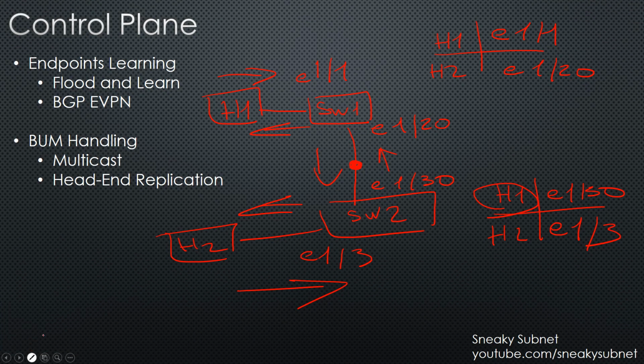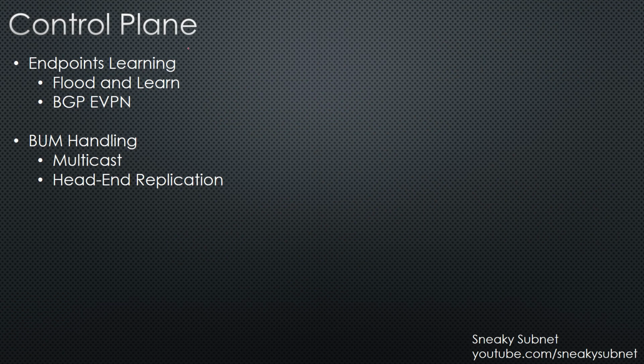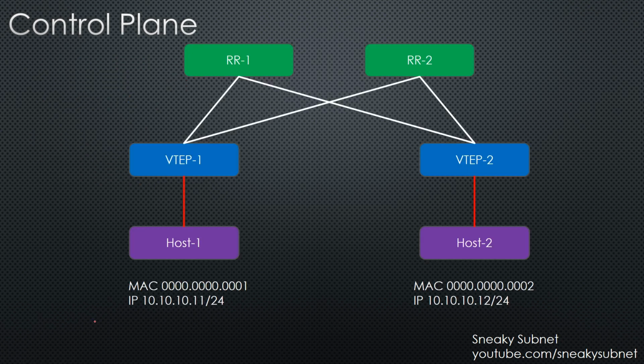So what happens with VxLAN? We also have a similar option. For endpoint learning, we have the flood and learn mechanism. Also we have BGP EVPN, but at first let's discuss flood and learn. Let's assume that host number 1 doesn't know anything about host number 2 except for its IP address. So it needs to send an ARP request.